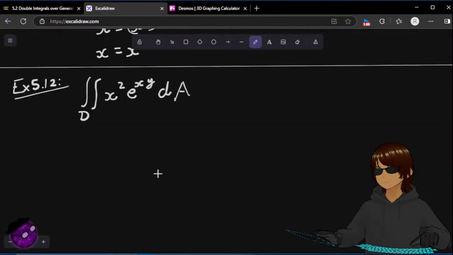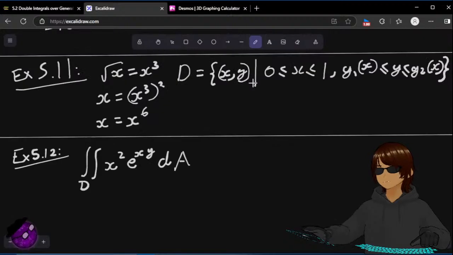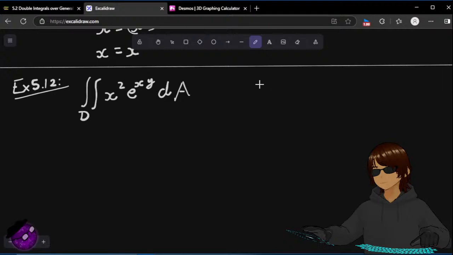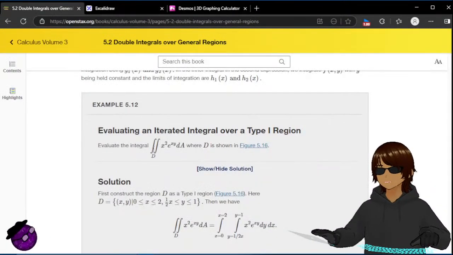So they said type 1 region, right? So it's defined similar to this: x is fixed and the boundaries of y are functions. So with type 1 we integrate with respect to y first. D is shown here.